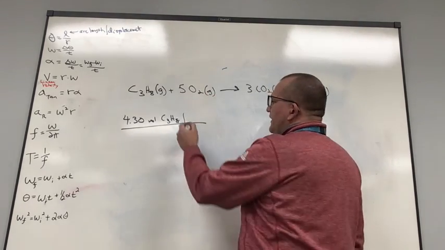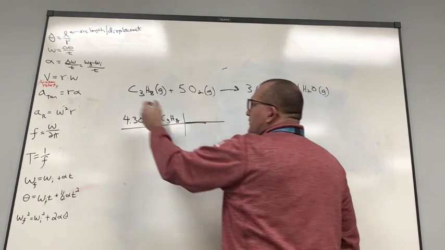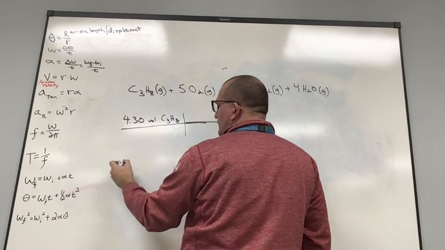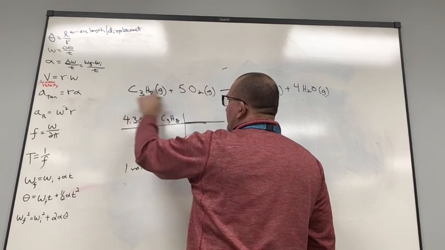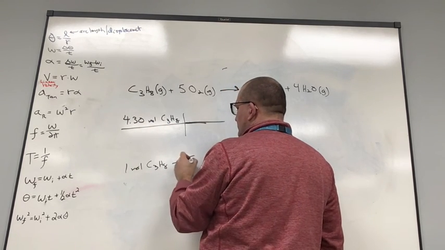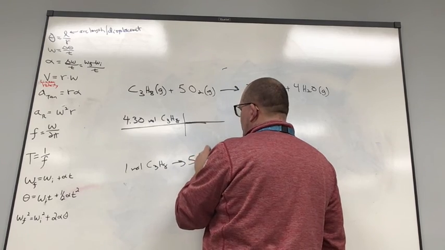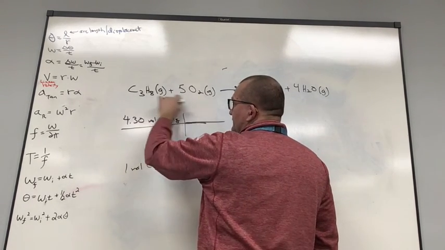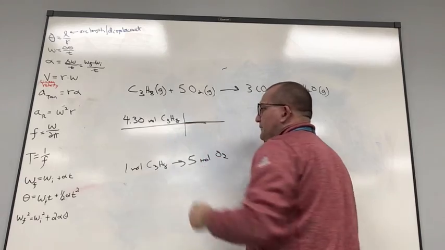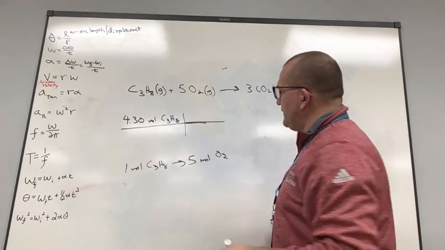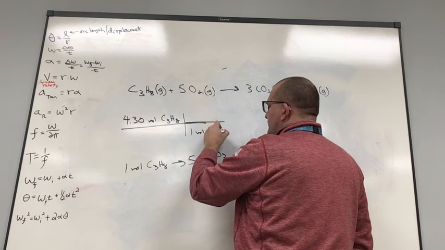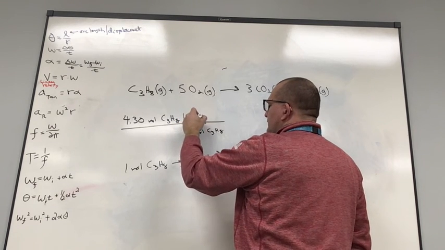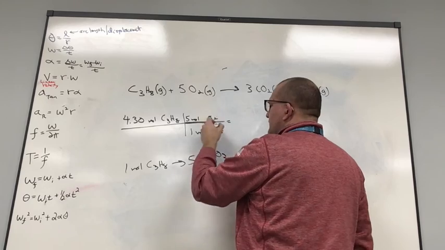We have to look at what is called the mole ratio. For every 1 mole of C3H8, because there's a 1 here, I need 5 moles of O2, just by looking at the balanced equation. There's a 1 here and a 5 here. Since I have moles of C3H8, I put 1 mole of C3H8 on the bottom, 5 moles of O2 on top.